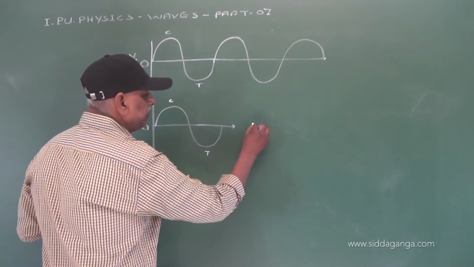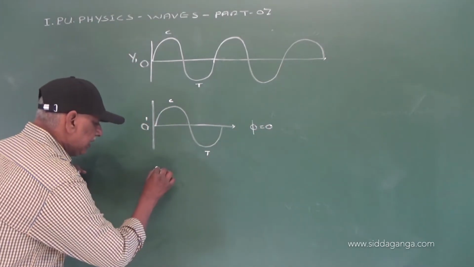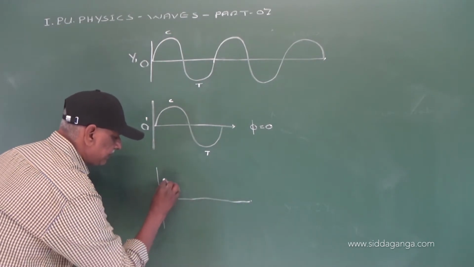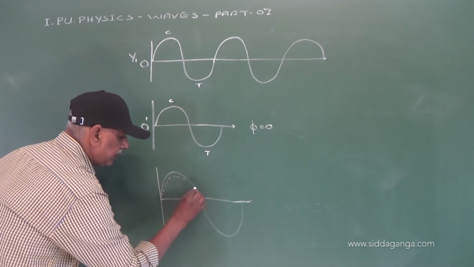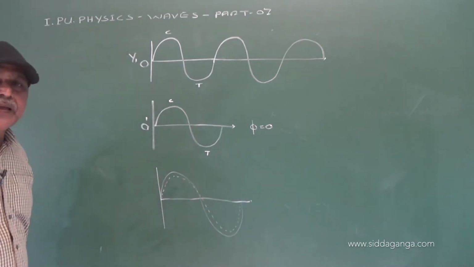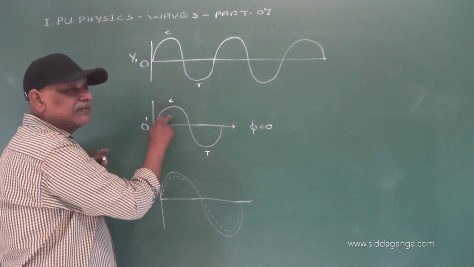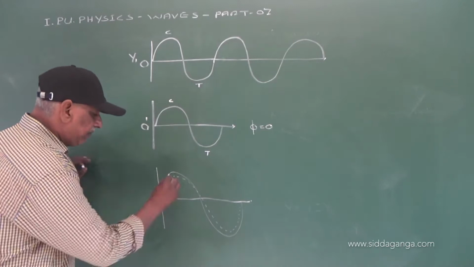When the phase difference between the two waves is 0, then the principle of superposition takes place like this. So here the crest of one wave falls over the crest of the other wave, and trough of one wave falls over the trough of the other wave.